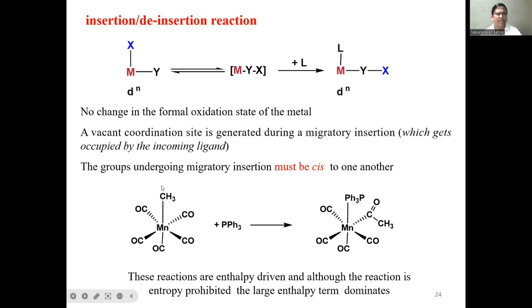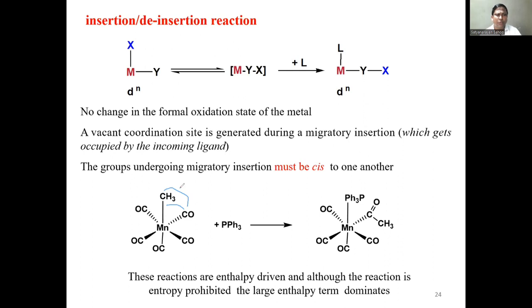We'll see the mechanism of this particular reaction in detail after a few slides. First, either this methyl group migrates to carbon monoxide, or this carbon monoxide migrates to methyl, whatever it may be; that we are going to discuss after a few slides.